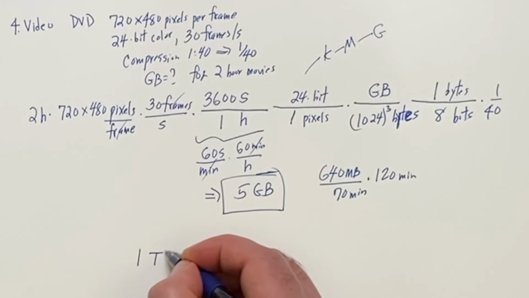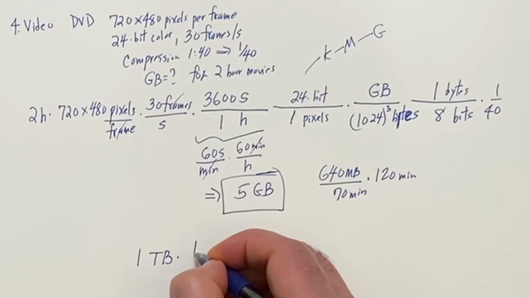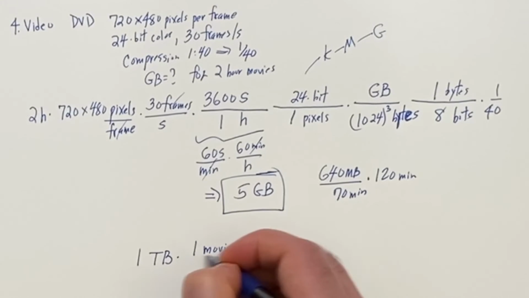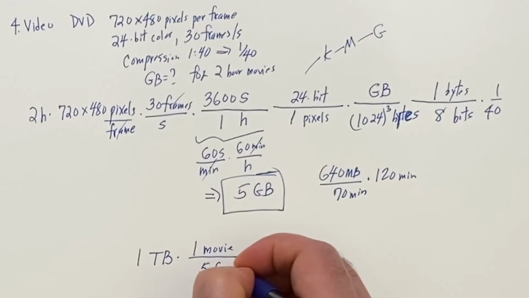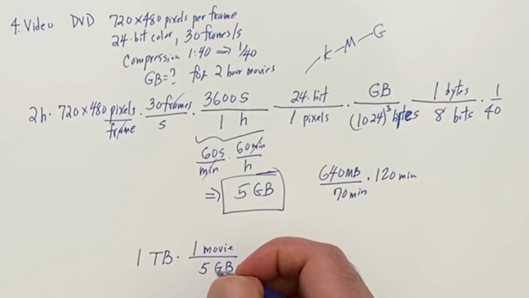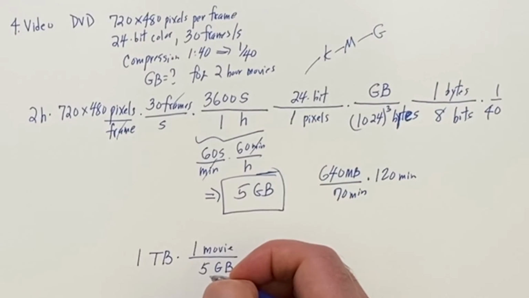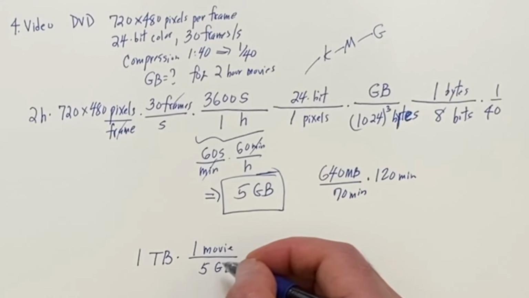So if we have 1 terabyte and 1 movie is 5 gigabytes. The book shows you how to handle the audio with some compression, and it doesn't really add much. It's going to be 5 gigabytes basically.